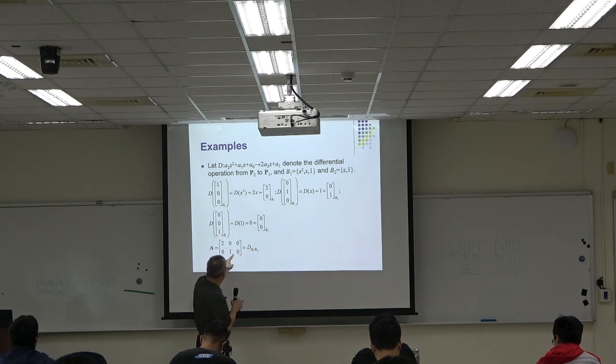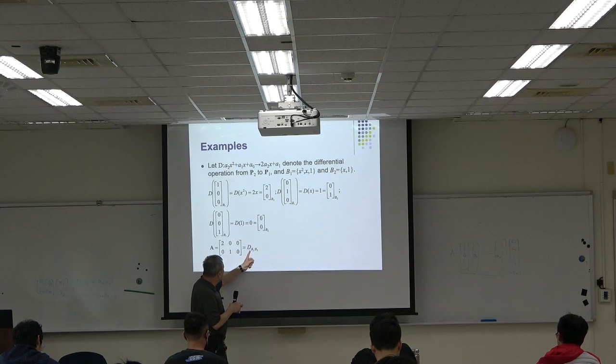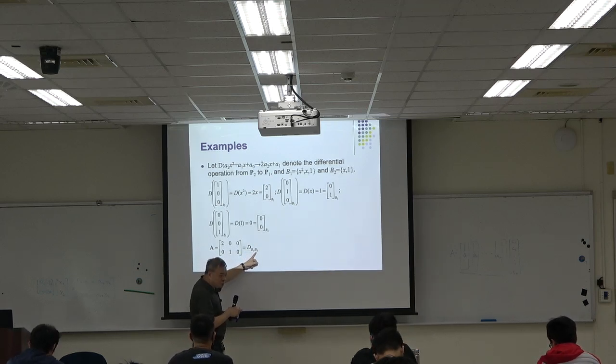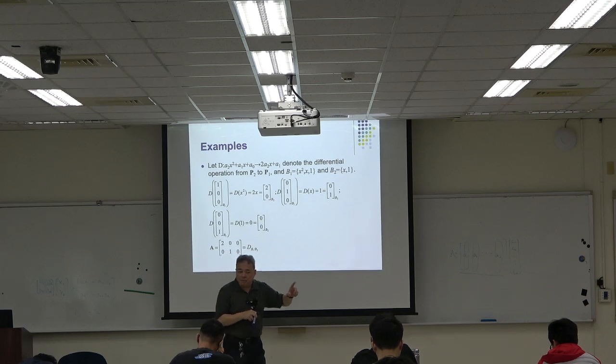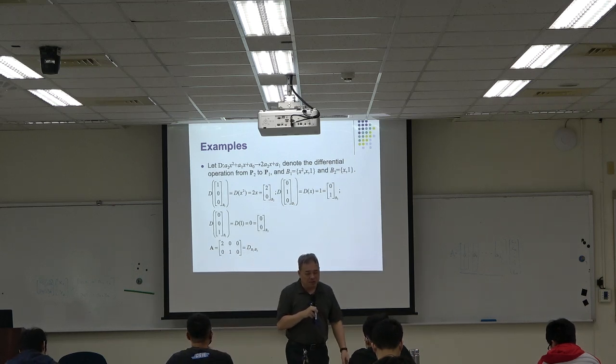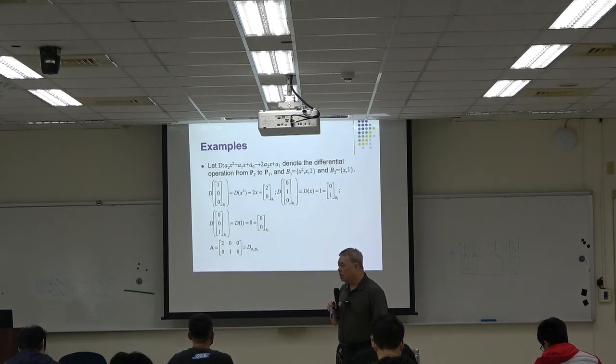And the 0, 0 from this third column from here, okay? So we put this as D, B1, B2, from the basis B1 to basis B2. So far so good, right?